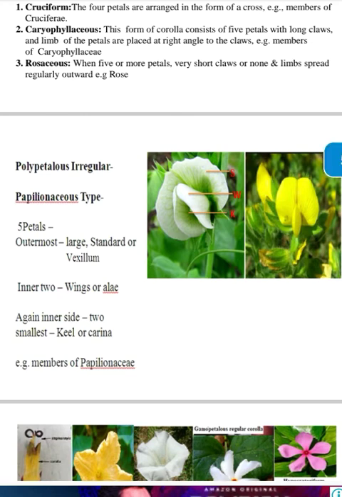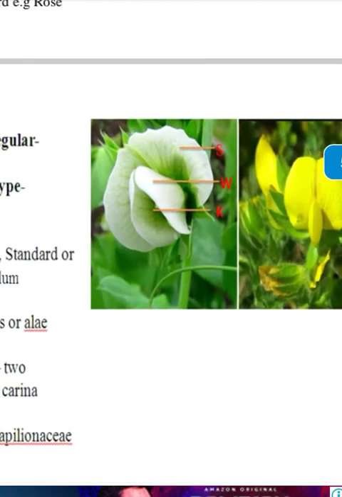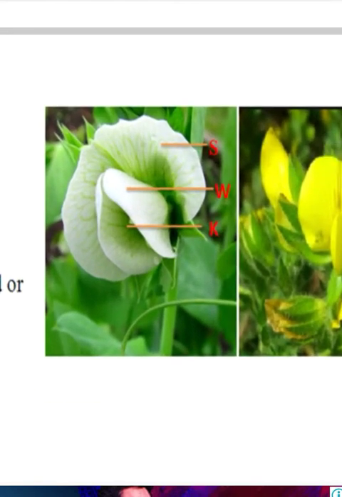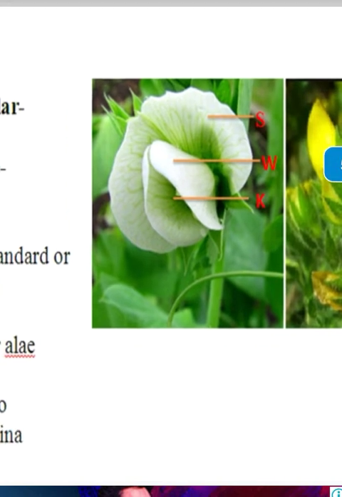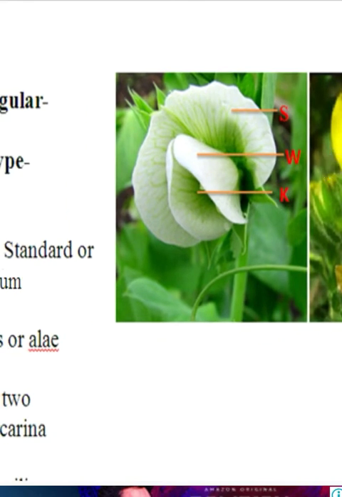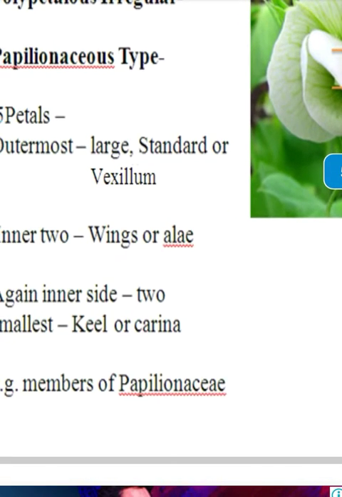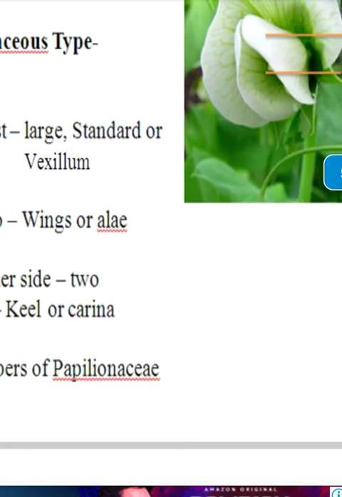Outermost petal is large and it is called standard or vexillum. Very large outer petal is there. Inside this, 2 petals are there. They are called wings or alae, and inside the wings, again 2 petals are there, which are very small.